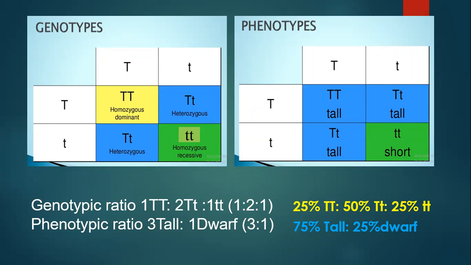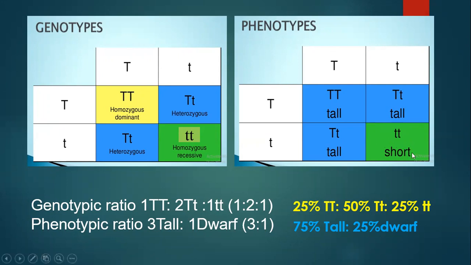Now in this video we are going to see how to identify the genotype by looking at the phenotype. If you have obtained a recessive trait, like a short plant, then you can easily identify that the recessive trait is expressed only on the condition that the alleles present in the pair are both recessive.